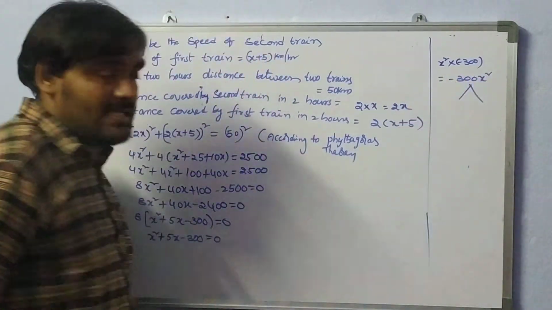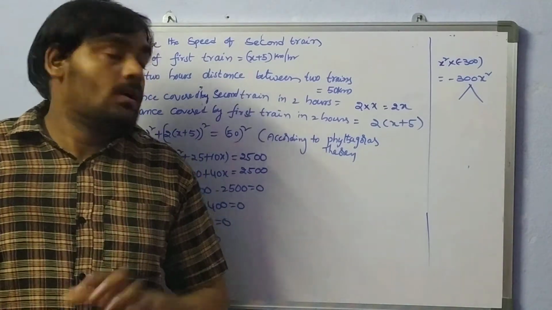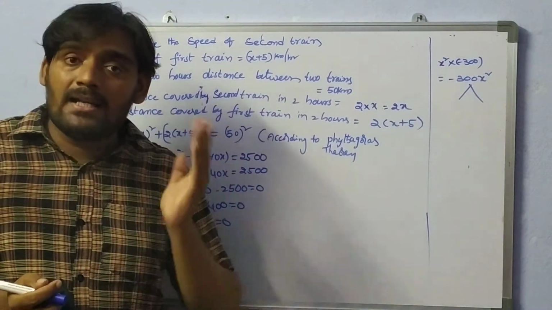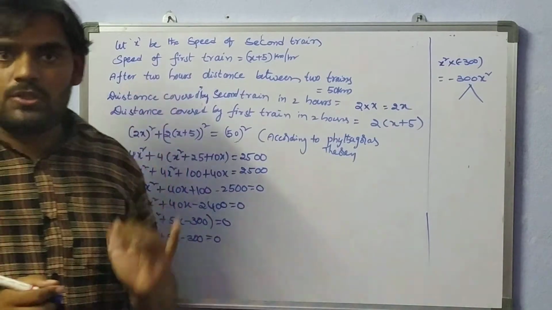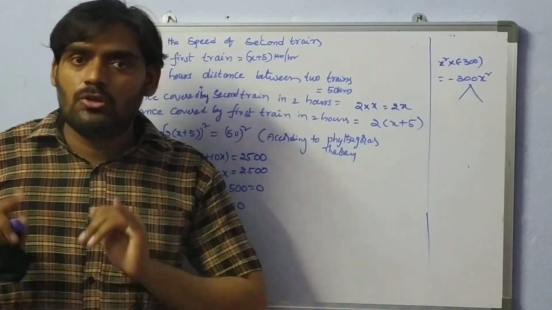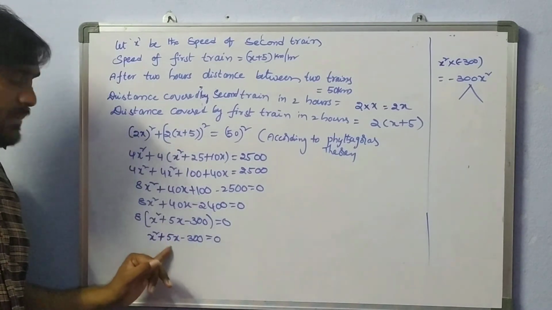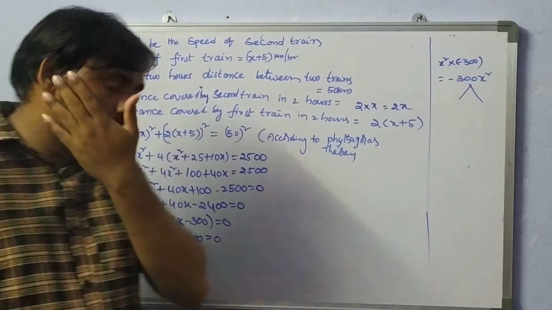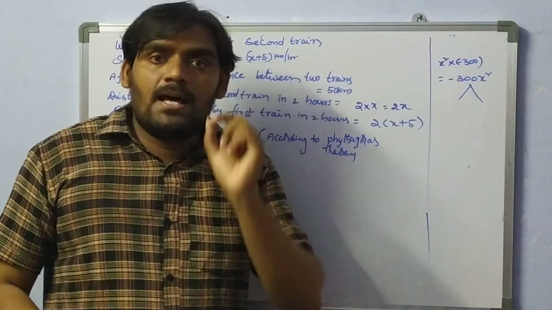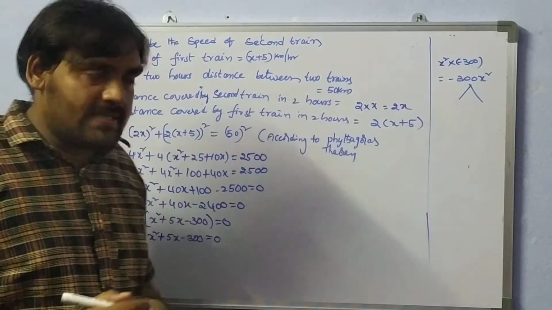The result is minus, which means one term must be negative and the other positive, then only plus into minus is equal to minus, minus into plus is equal to minus. Here the middle term is plus 5x. So when you find two factors, for the larger number we need to give the plus symbol, for the smaller number we need to give the minus symbol.